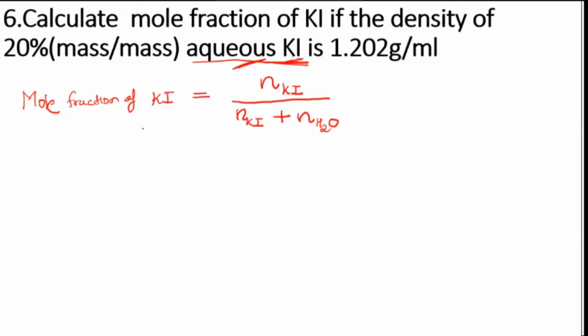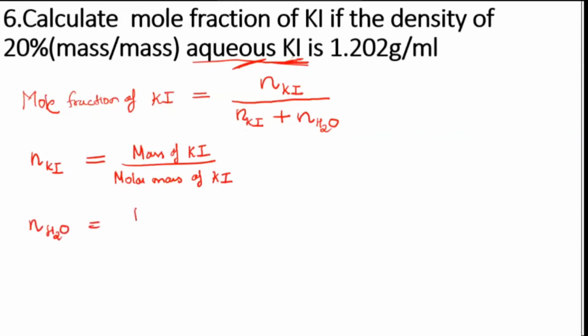So you need to calculate the number of moles of potassium iodide first. That is calculated by taking the mass of potassium iodide divided by the molar mass of potassium iodide. Similarly, you need to calculate the number of moles of water, which will be mass of water divided by molar mass of water.